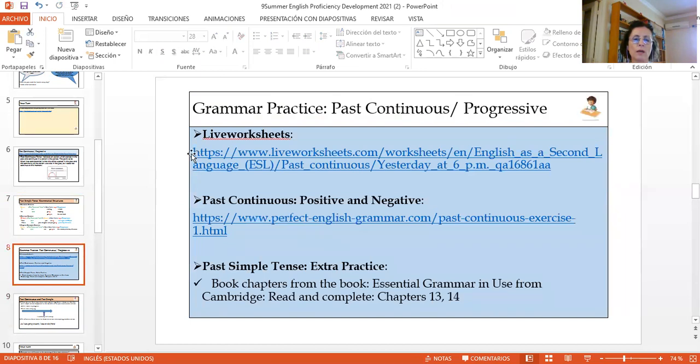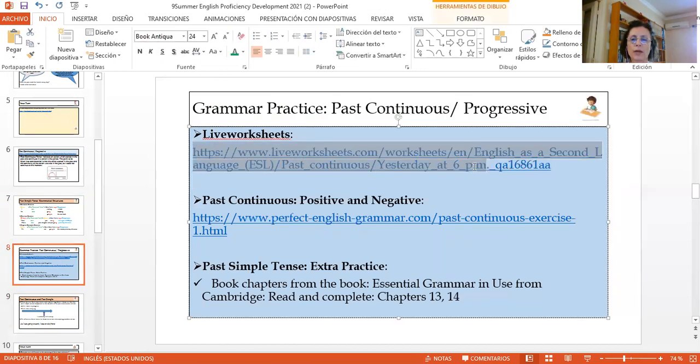Let us do some live worksheets. Have you tried them? They are very good. They are very easy to use. When you use them online, they are very easy, accessible. And you complete everything online if you don't want to write.